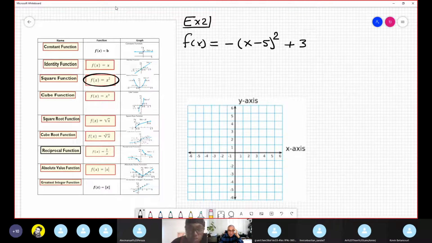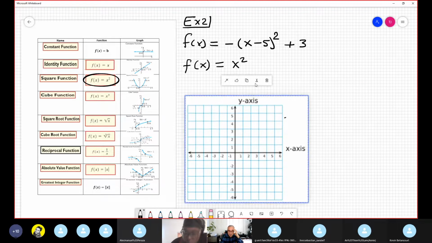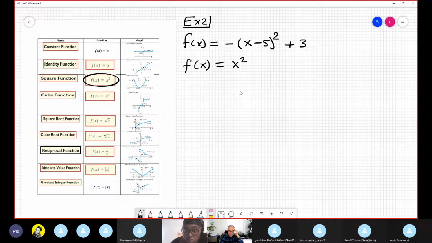Well, remember, you suppose that f of x belongs to this family, which is a square, makes sense, right? Now, the first transformation according to the order of operations is subtracting 5 inside the parentheses.